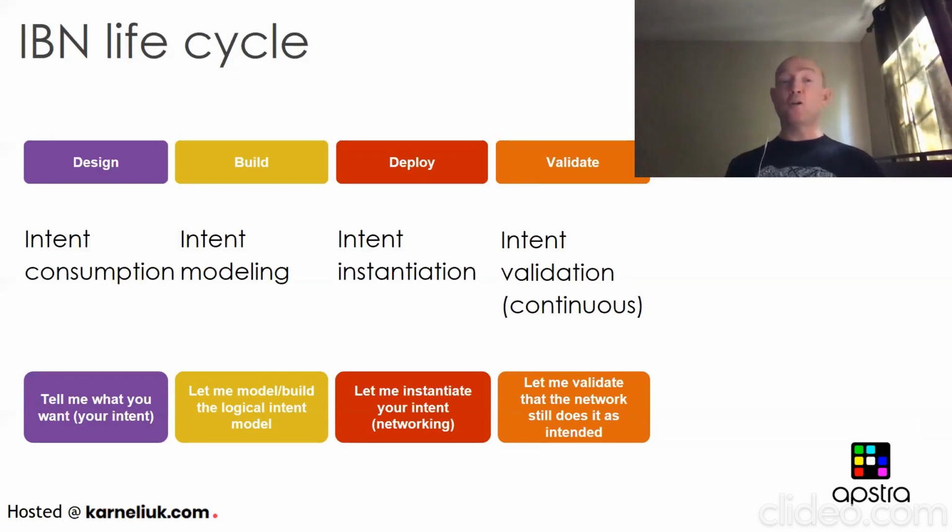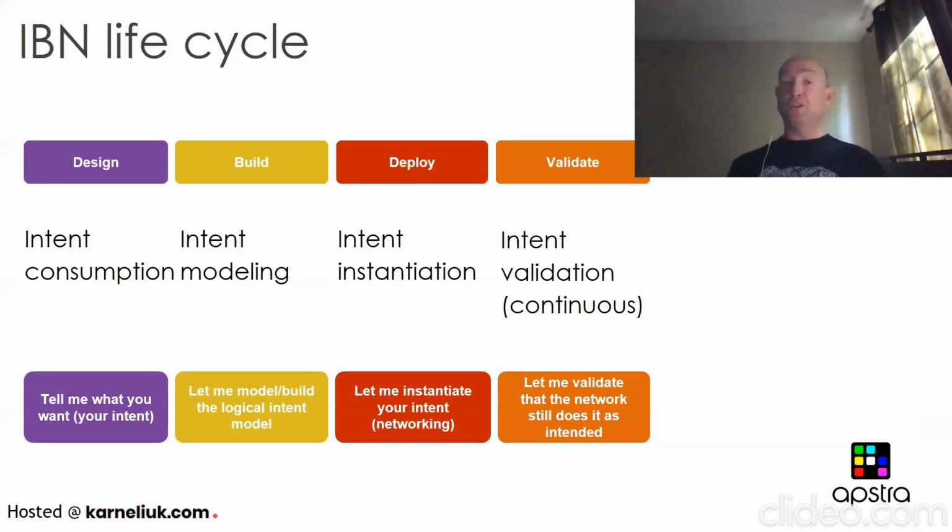Okay. As we go towards the build phase, we've now got a high-level logical network. Now I need more details to instantiate the network. I need interface maps. I need to know, are you going to use 25 gig ports, or are you going to split 100 gig ports into 4? Are you going to use IPv4 or IPv6 or both?